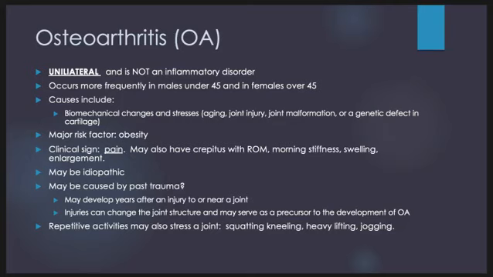Osteoarthritis is a non-inflammatory, localized disorder that can cause unilateral joint pain and stiffness. Osteoarthritis is characterized by the progressive deterioration and loss of articular cartilage and bone in one or more joints.